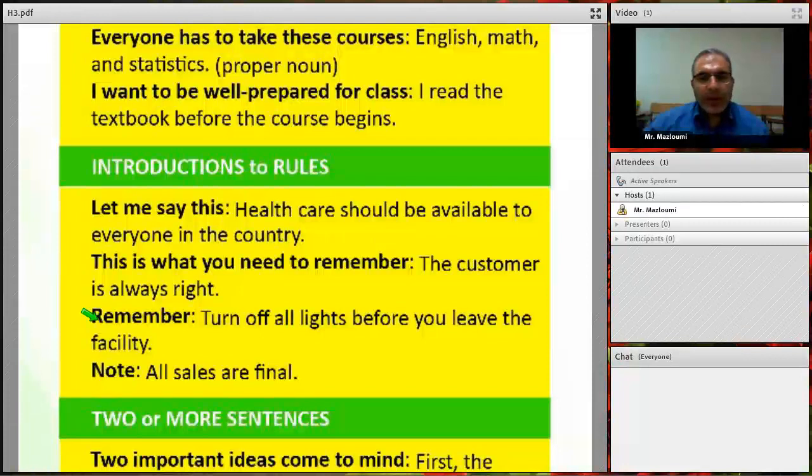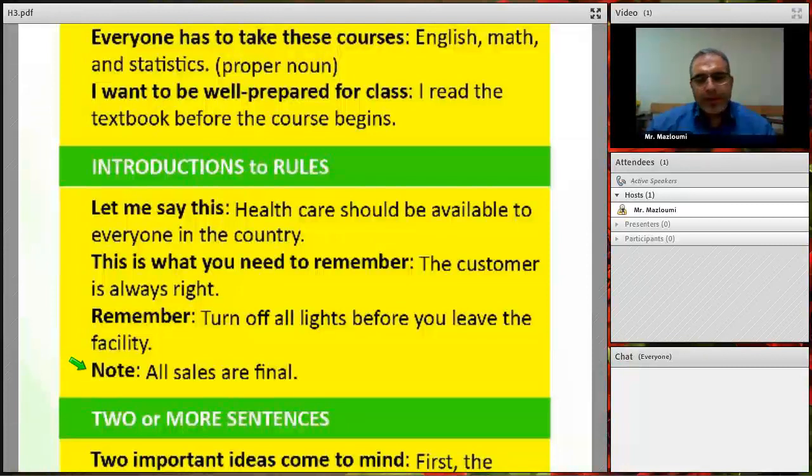Again, we are just presenting a rule, okay? Facility, by the way, here means a place, a building. So remember, this is a rule, remember, colon, turn off all the lights, capital T, before you leave the facility, the building.